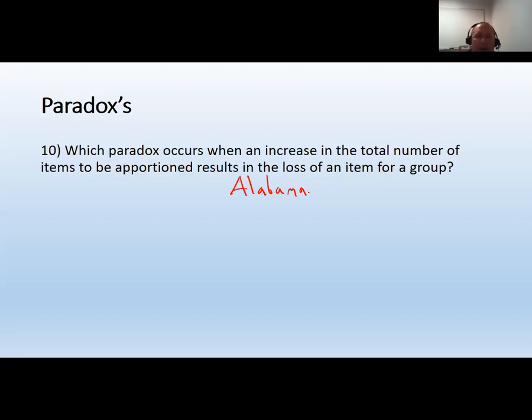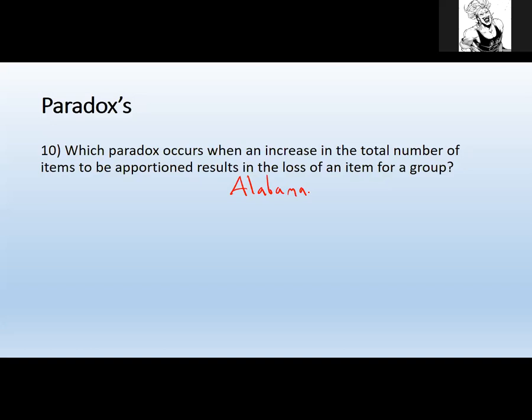What about the new states paradox? What does that say? Anybody know that one? I can't remember off the top of my head. The new states paradox says the addition of a new state or a new group causes the loss of an item for another group. That's right, yeah.